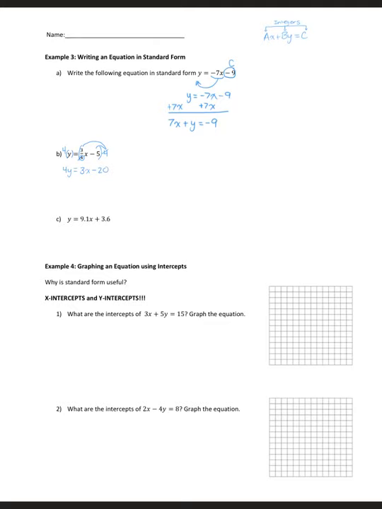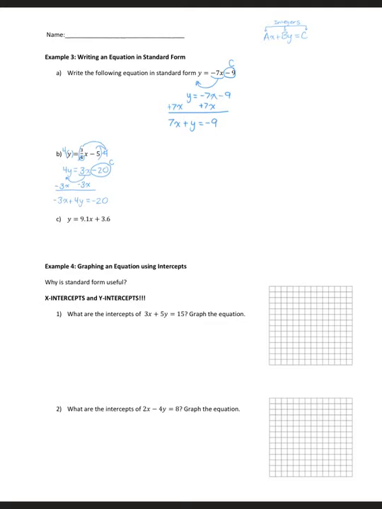Okay, so now I only have integers, which now it's pretty easy to go to standard form. This is my constant, so I need to move the 3x over here. So I'm going to subtract 3x. And so that would give me negative 3x plus 4y is equal to negative 20. And that's your standard form.